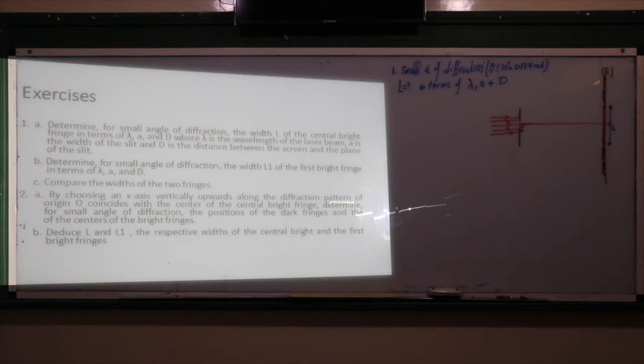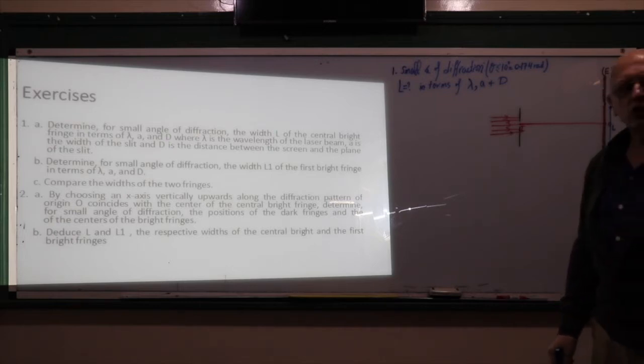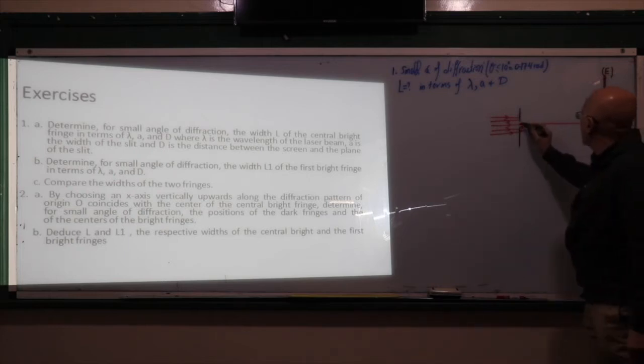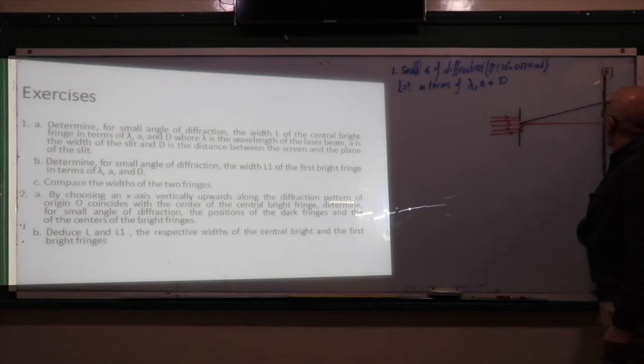How to find it? As you know, we can calculate the angular position of the dark fringes. We have the formula, theta equal K lambda over D. So in order to find the length of L, I am going to draw here a ray, the diffracted ray.